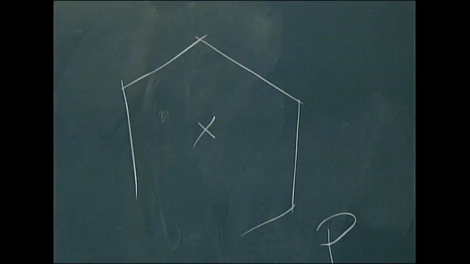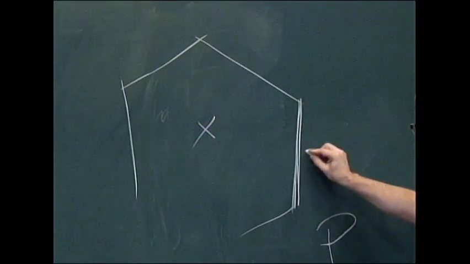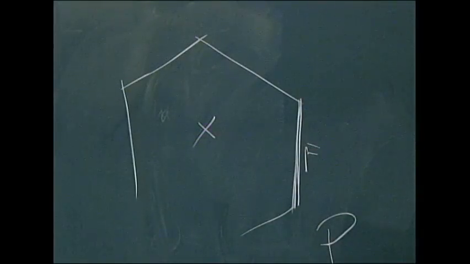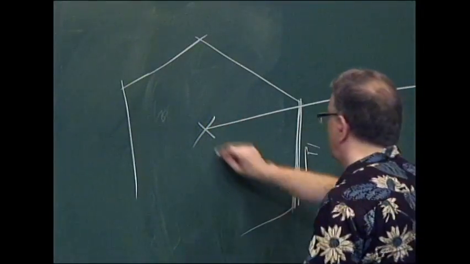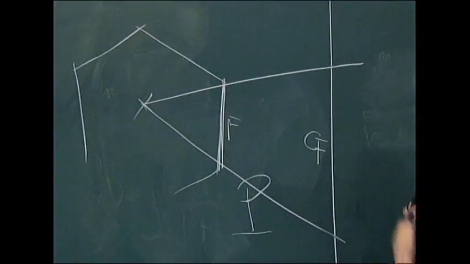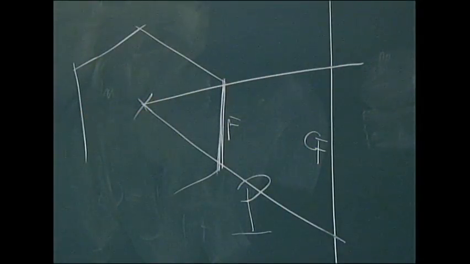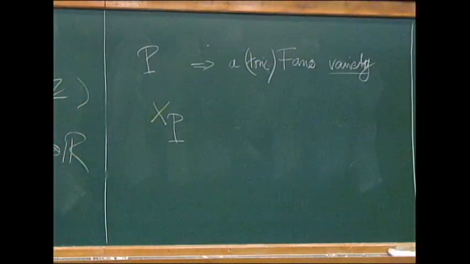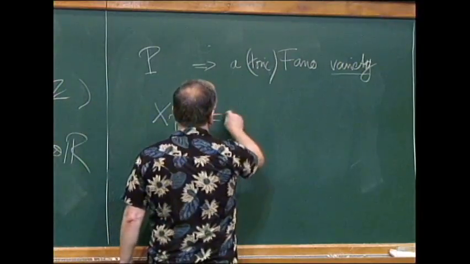Every time I have a face F of P, I can form the cone over F. So that's the cone over F. This final toric variety here, X_P, is a union of affine varieties.